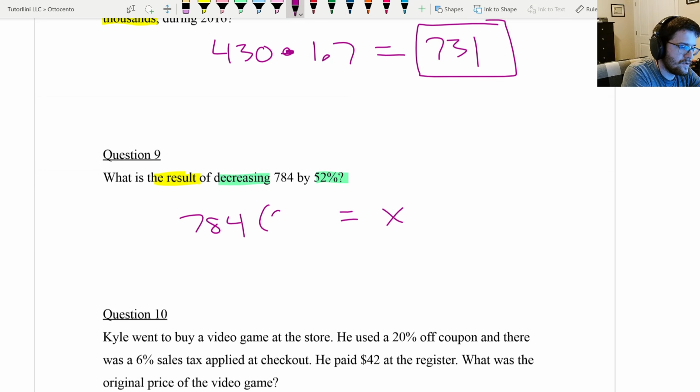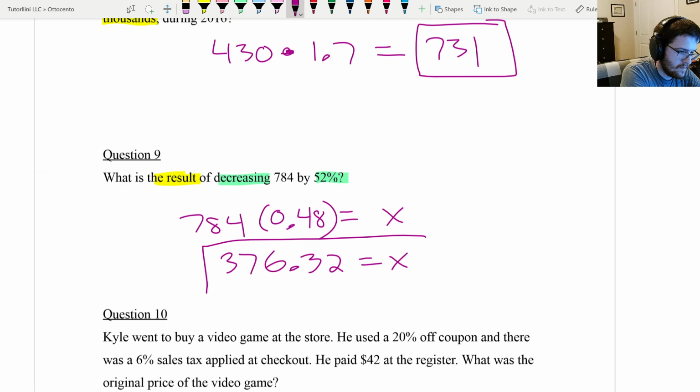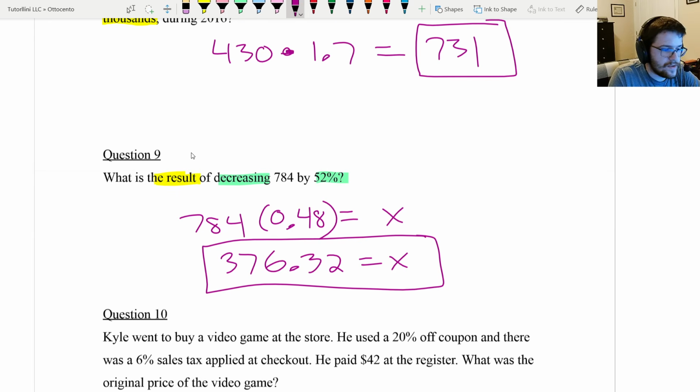So we're going to do 0.48. And I don't have to do any algebra because x is already by itself. That's nice. And I get 376.32.